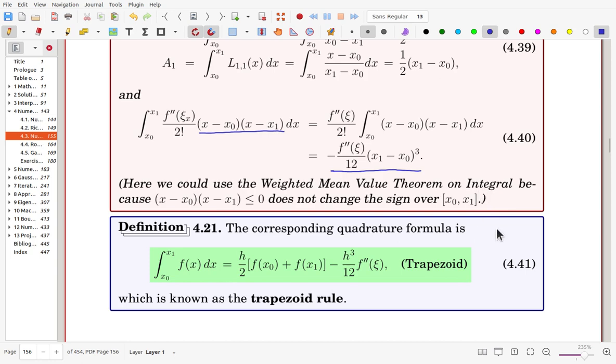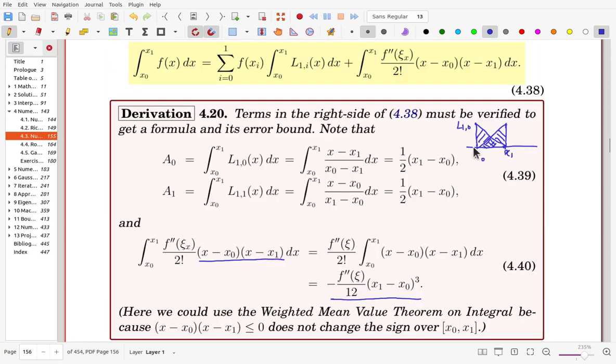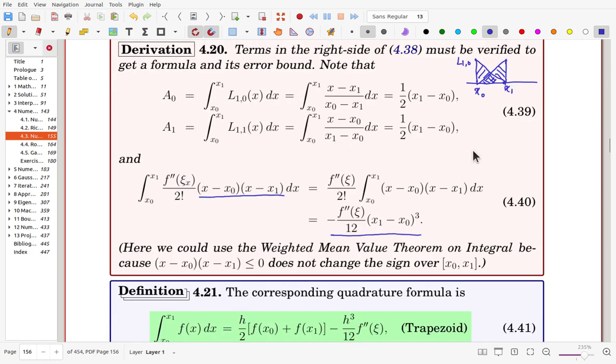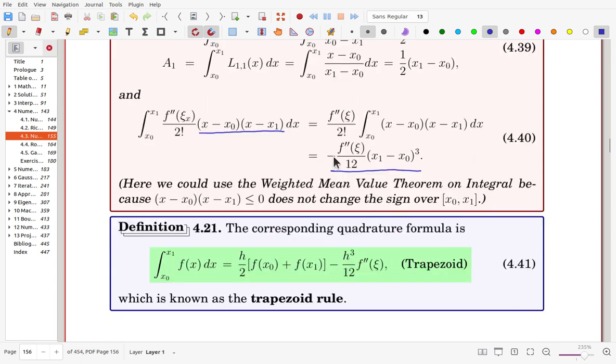We assume the distance is h, then that is minus f double prime at some point over 12 times h cubed. That is exactly the error term. For this interval, that will be used as the numerical integration, and this is the error.